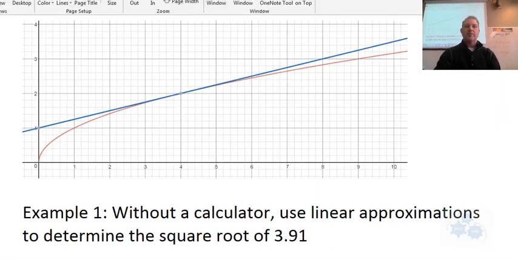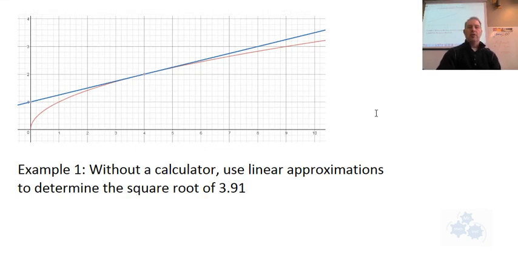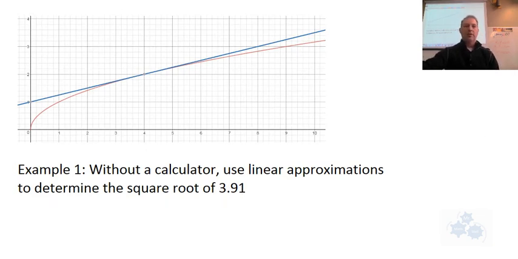This example says, without a calculator, use linear approximations to determine the square root of 3.91. As we explained earlier, the linearization formula is this. Now L of x is what they use, and that's going to be the estimated value. So 3.91 we're going to say is right about here. So this right here, 2, is f of x, and 4 is x.